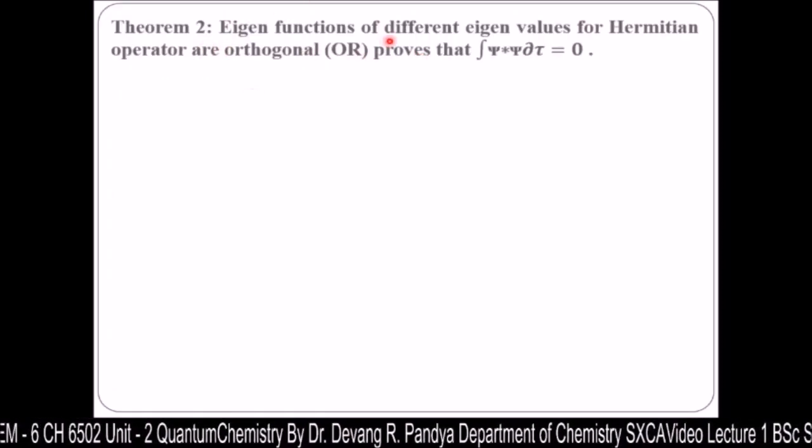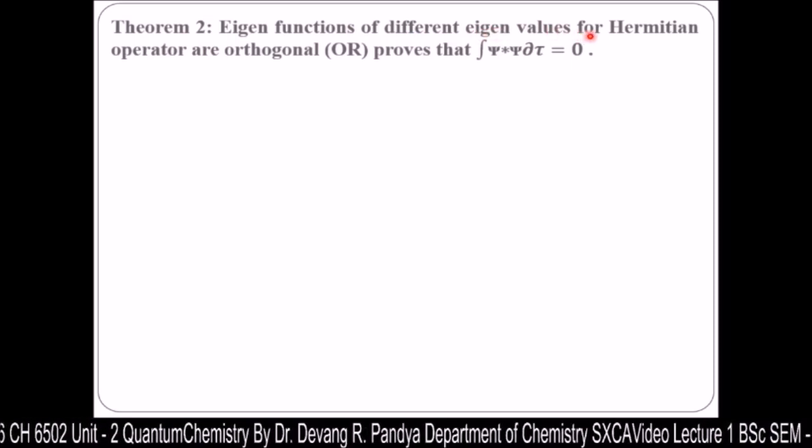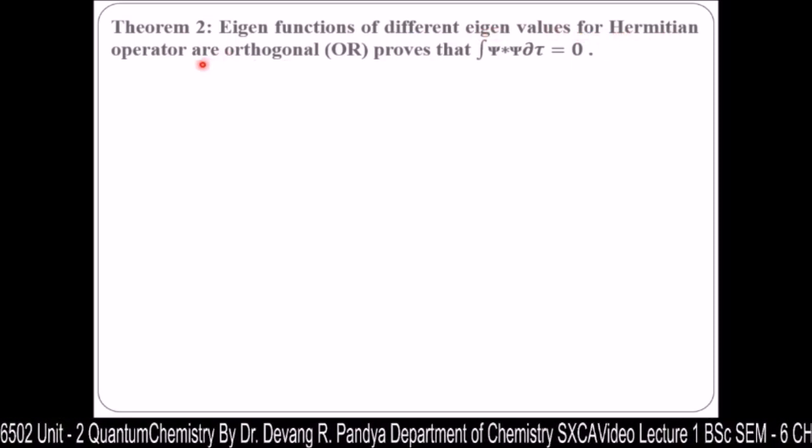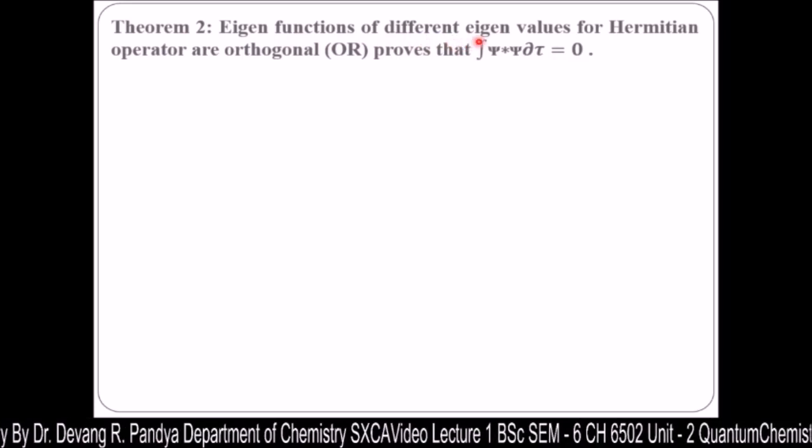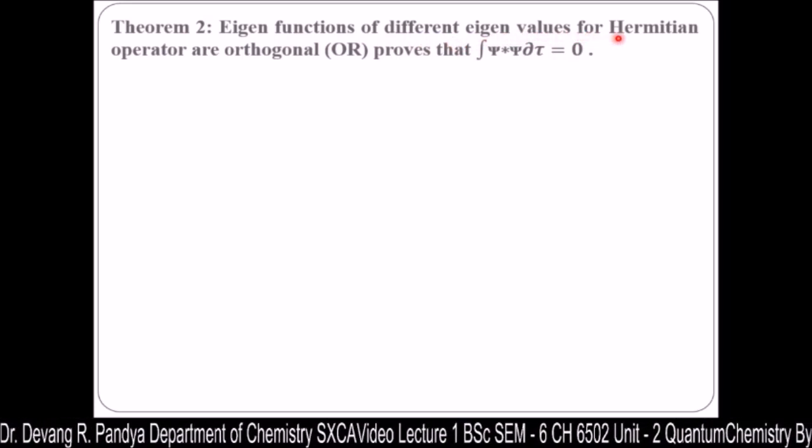Now the second theorem: eigenfunctions of different eigenvalues for a Hermitian operator are orthogonal. We need to prove that ∫ψ1*ψ2 dτ is equal to 0. Means eigenfunctions of different eigenvalues for a Hermitian operator are orthogonal.